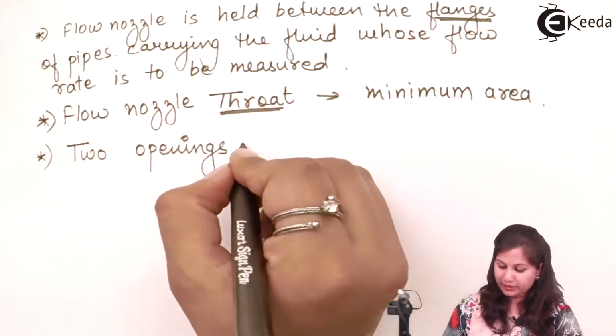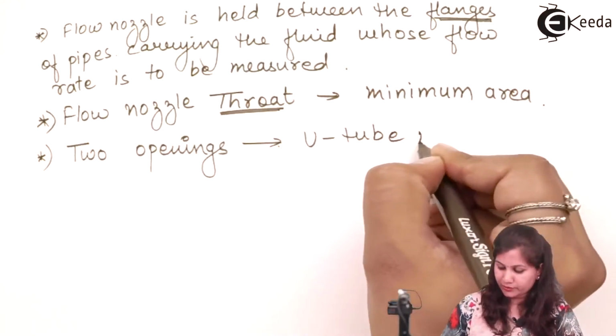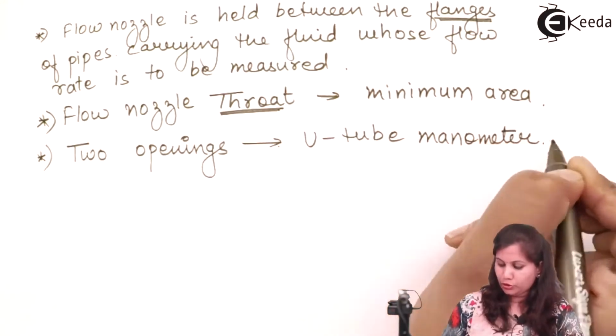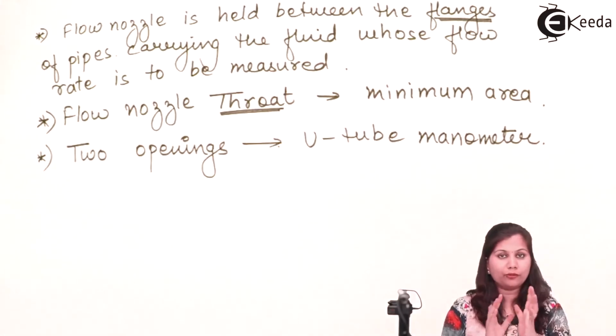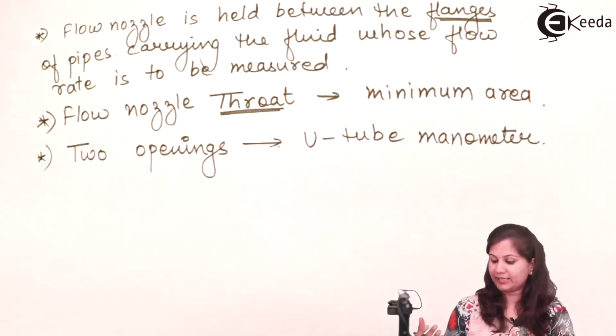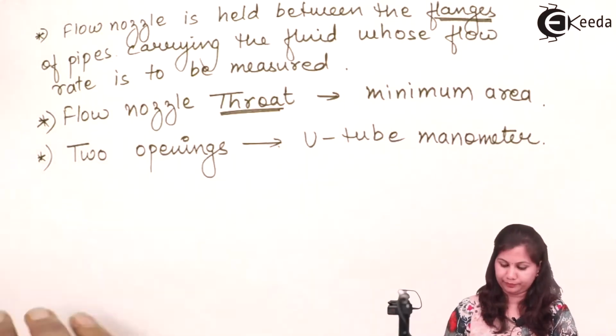So the primary device is the flow nozzle which is creating the pressure difference, and the secondary device is the U-tube manometer which is measuring the change, or difference, in the pressure.